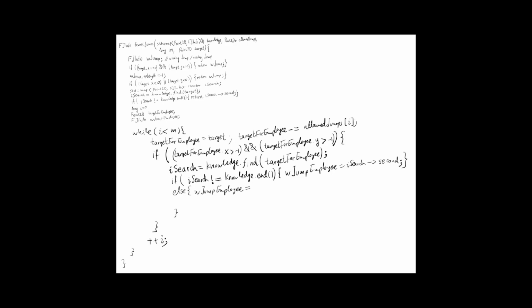Else we now make the recursive call. Fewest jumps knowledge or allowed jumps M and target for employee.